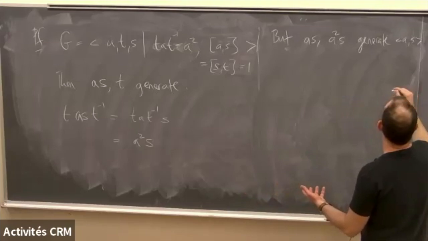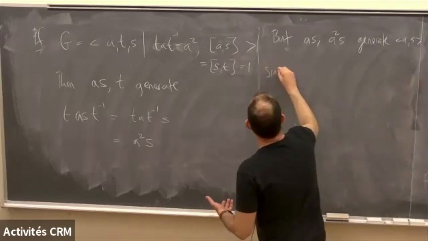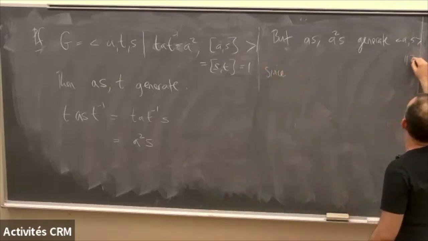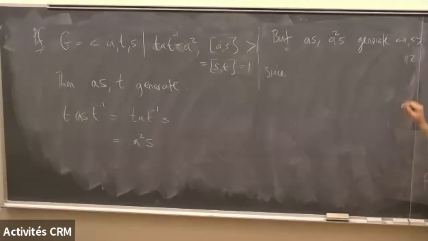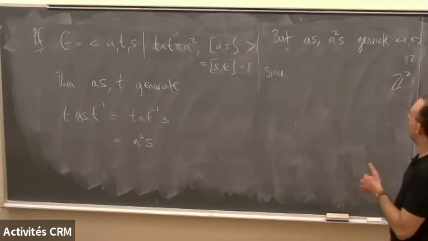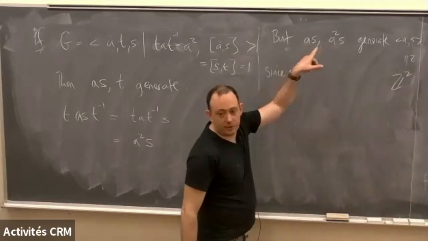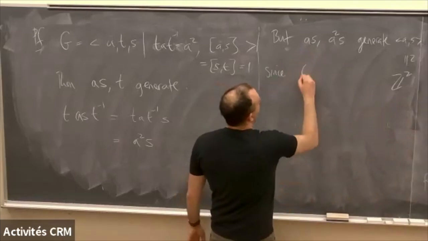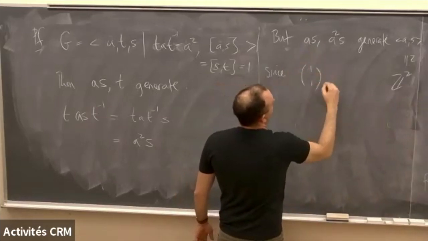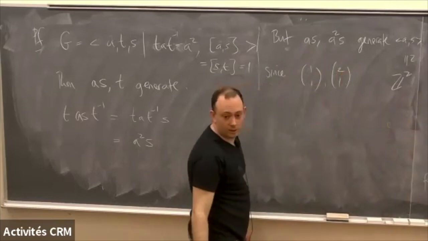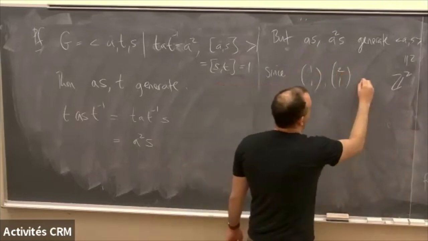The subgroup generated by A and S is Z squared because A and S commute. And inside of Z squared, these elements are the vectors (1,1) and (2,1). And those generate Z squared.